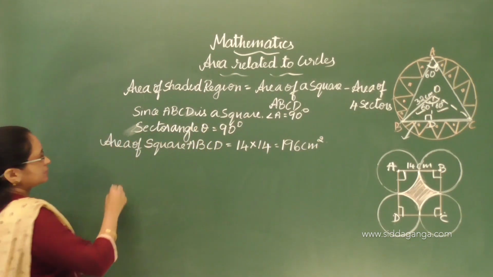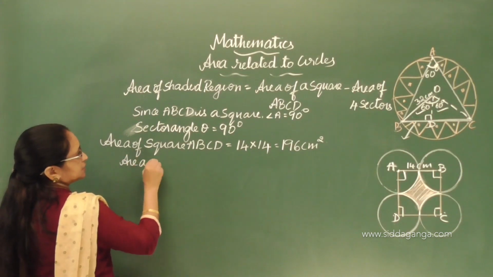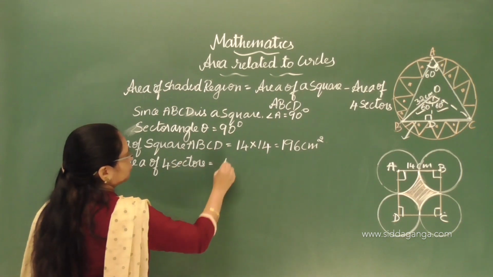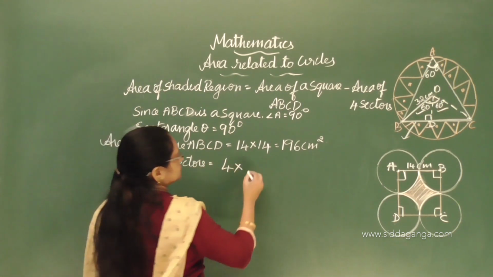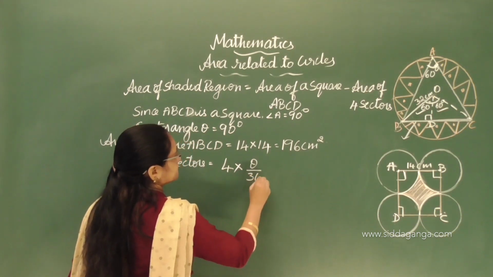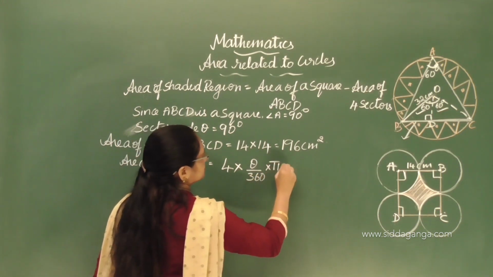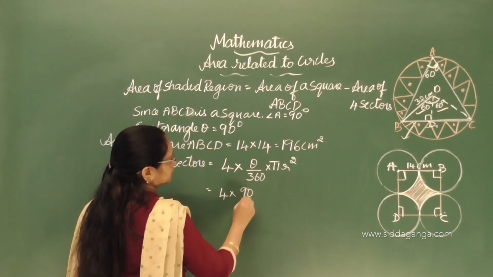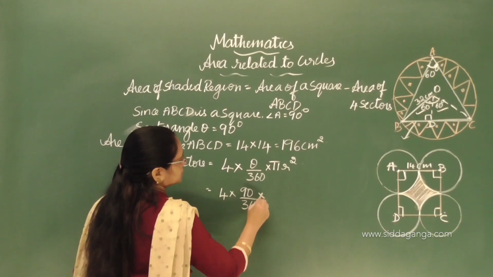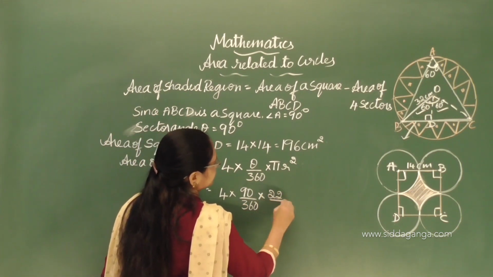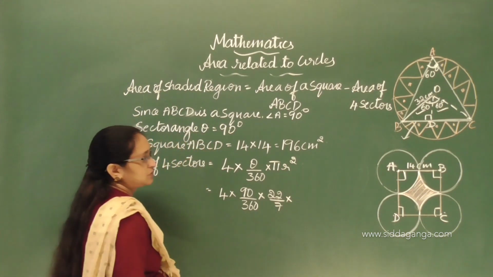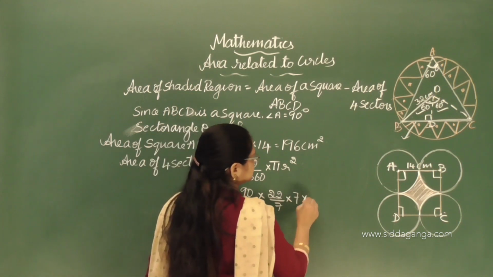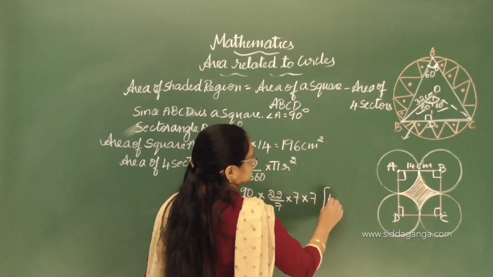Next, area of 4 sectors: 4 into theta by 360 pi r square, 4 into 90 by 360 into 22 by 7 into r square. R will be 7, radius, 7 into 7, that you can mention here.